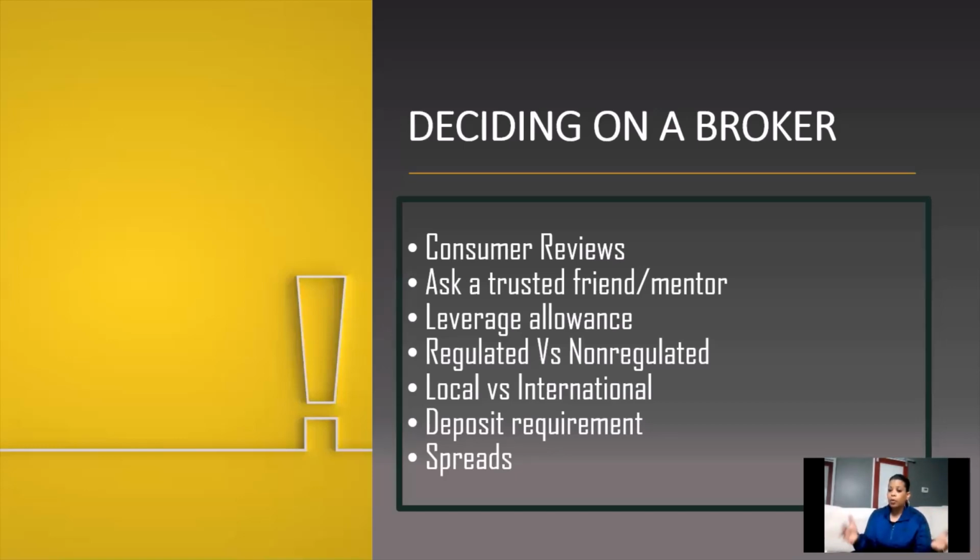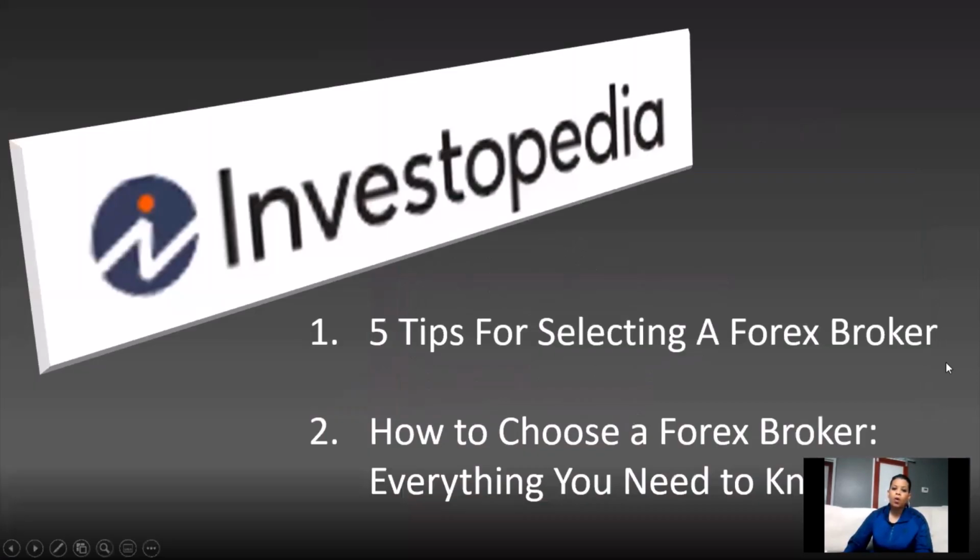They vary from broker to broker. And last on this list, look at the spread. Your spread is actually like the price you have to pay to play. And I'll talk about how to figure out spreads on another video. So these are just a few things to think about when you're deciding on a broker.